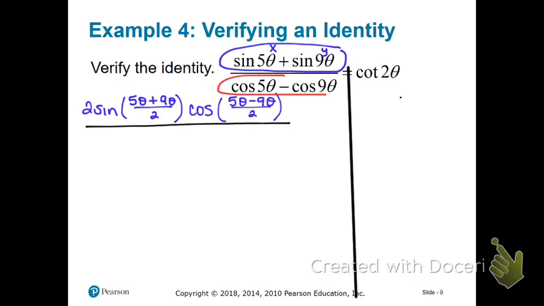Over, in the denominator we have cosine minus cosine, so it's going to be a negative 2 sine of x plus y divided by 2, sine of x minus y divided by 2. And so we're just going to need to simplify that.